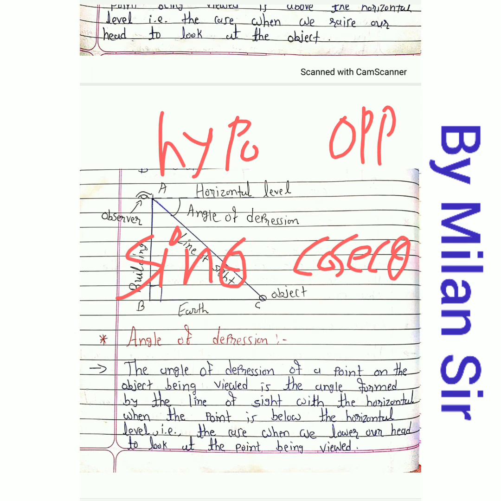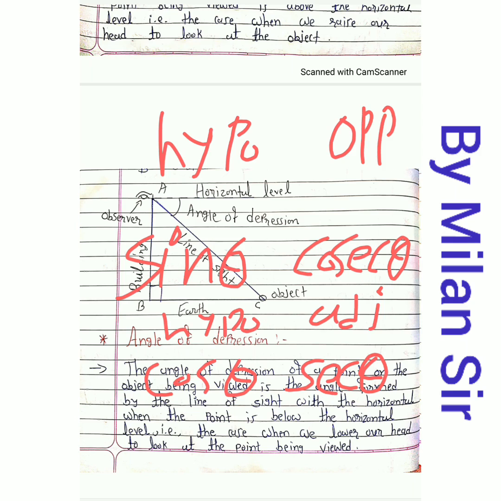If we want the relation between hypotenuse and adjacent side, we can use cos theta and sec theta, because sin theta is opposite upon hypotenuse, cosec theta is hypotenuse upon opposite, cos theta is adjacent upon hypotenuse, and sec theta is hypotenuse upon adjacent.